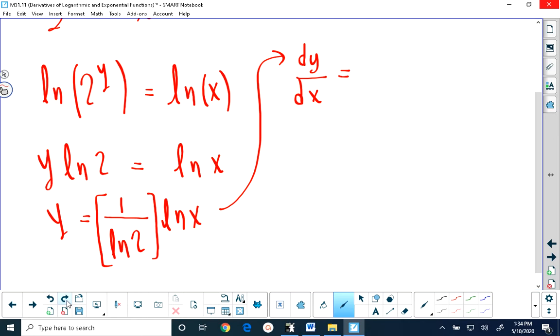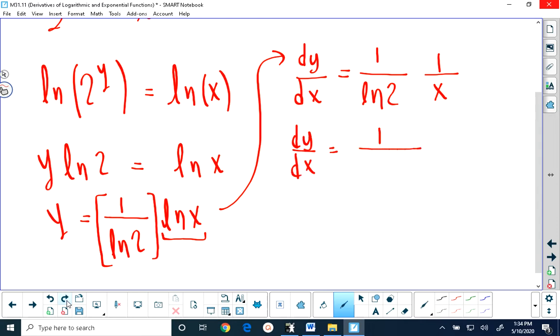When you have a constant multiplied by a function, ln of x is a function, the derivative is equal to the constant multiplied by the derivative of the function. Well, ln of x has a derivative of 1 over x. And we can simplify that by writing dy dx equals 1 over x ln 2.